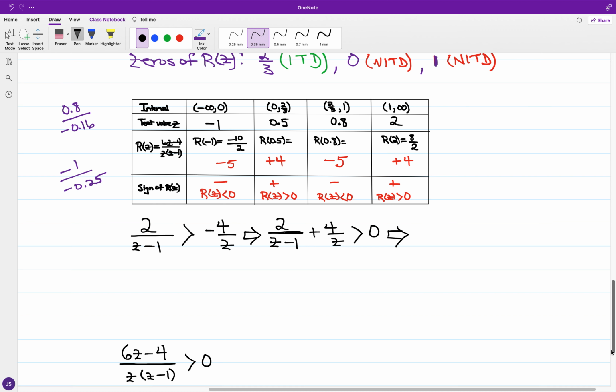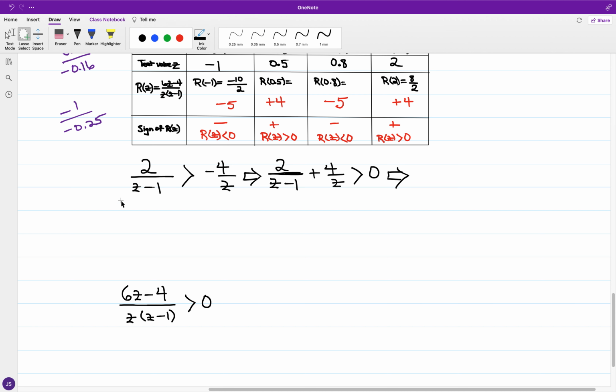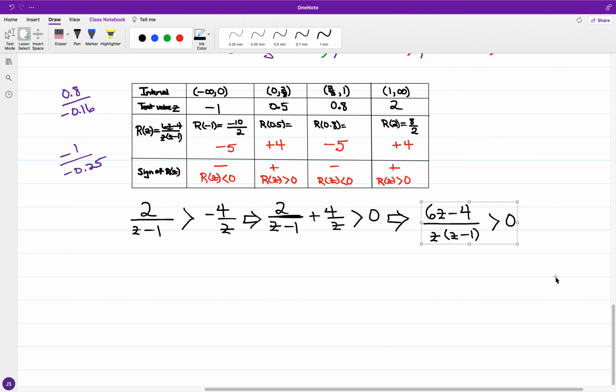And consolidating the ratios. So again, we had 6Z minus 4 all over Z times the quantity of Z minus 1 is greater than 0.